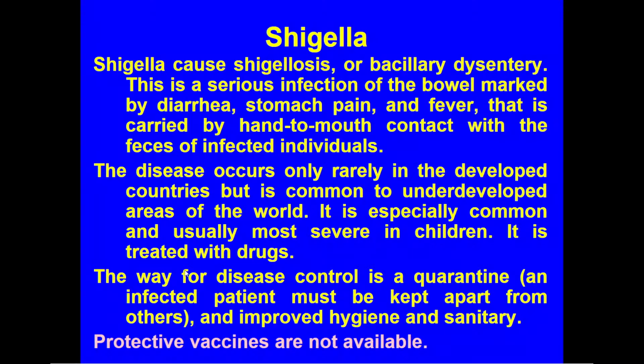The disease caused by all Shigella except for Shigella dysentery is shigellosis. This is a quite serious infection of the bowel, marked by diarrhea, stomach pain, fever, sometimes especially if we have bacillary dysentery, and that is carried by hand-to-mouth contact with the feces of infected individuals.